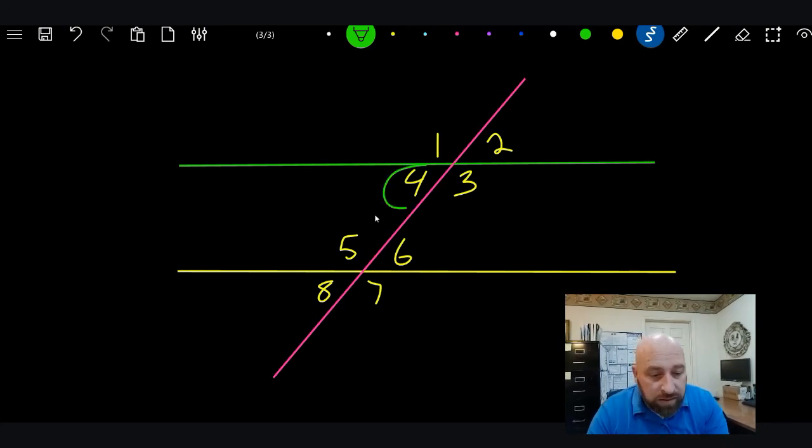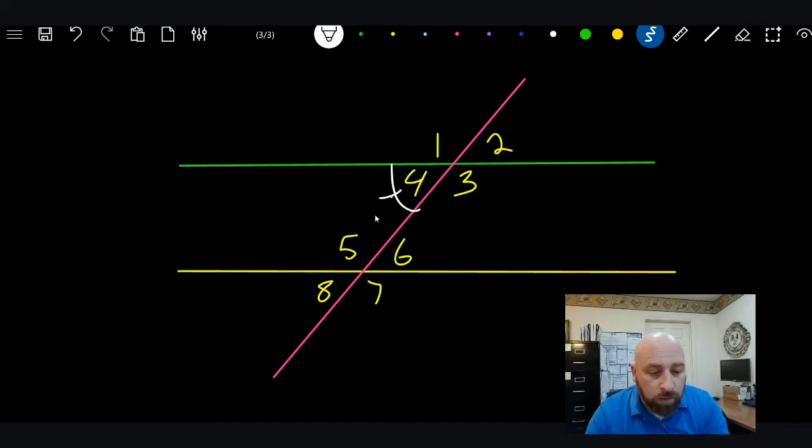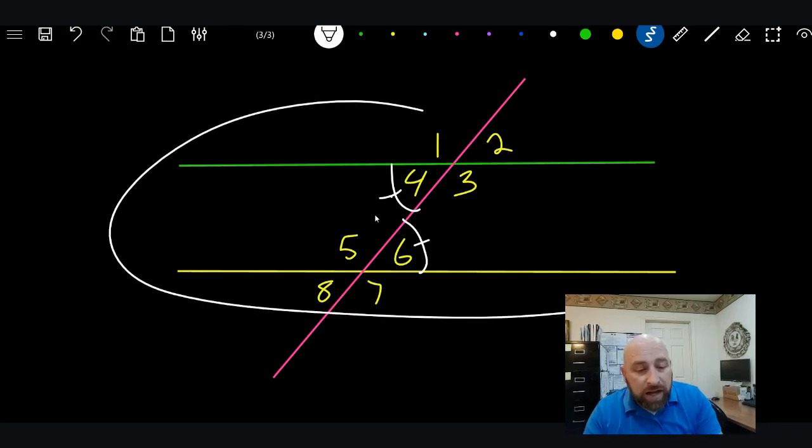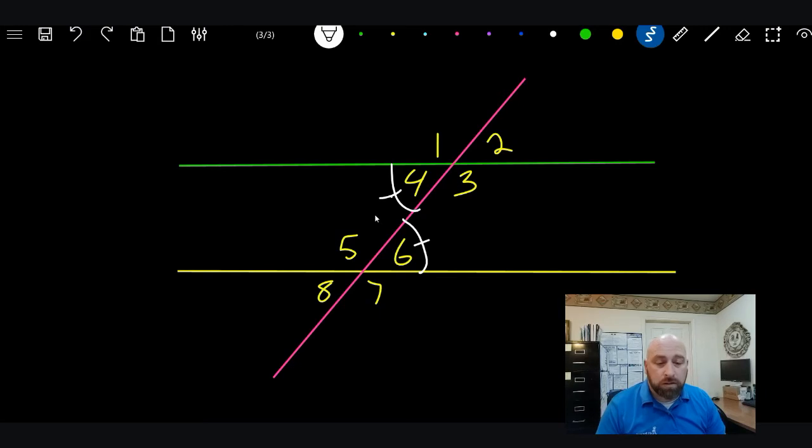So here's an interior angle. 4, and what's its alternate angle? Alternate interior, 6, because it's on the opposite side of the pink line, of the transversal line. So 4 and 6. If we could prove that angle 4 is equal to angle 6, we would prove that these lines, the green line and the yellow line, are parallel to each other.